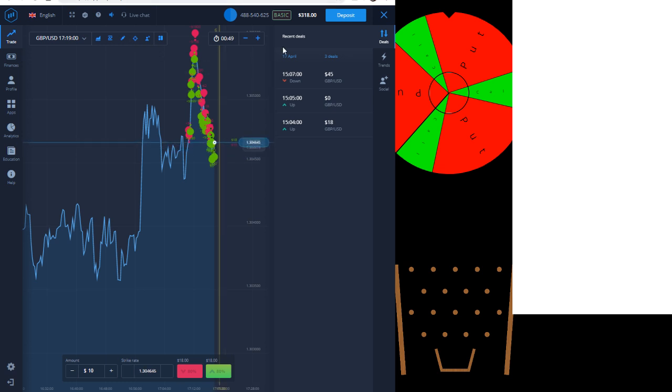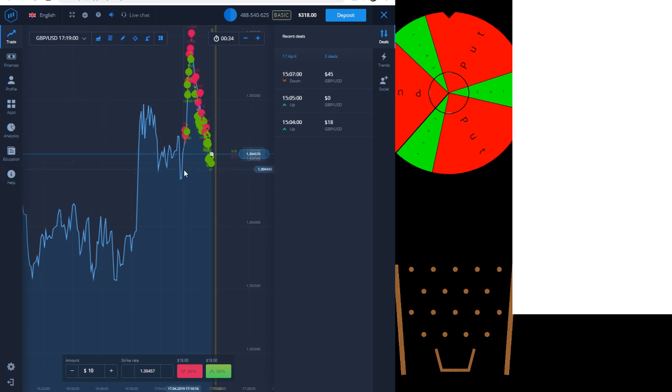And not only that, because it doesn't matter what direction you take, the strategy will work. The green ones are the calls and the red ones are the puts. So as the spinner says, I have to place a put trade for $10. Each time I do a trade, it must be $10.